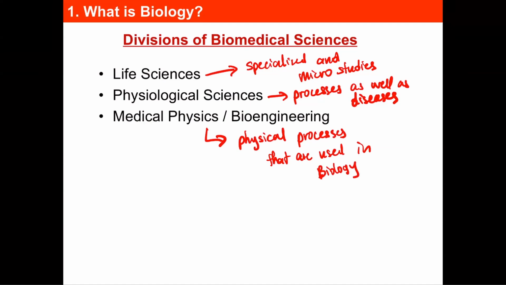So things such as how do we make machines? These are all actually under engineering that help to diagnose specific patients and what disease they have. All these machines fall under bioengineering and medical physics.